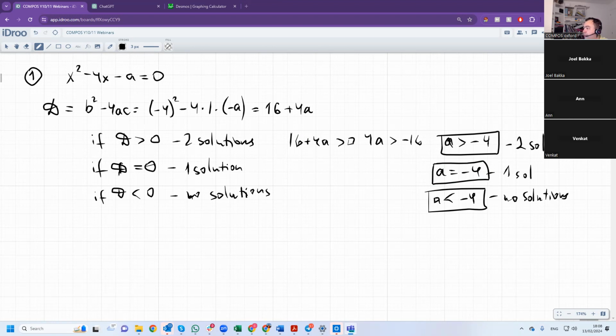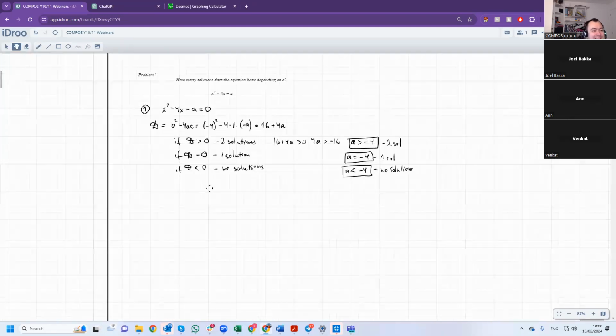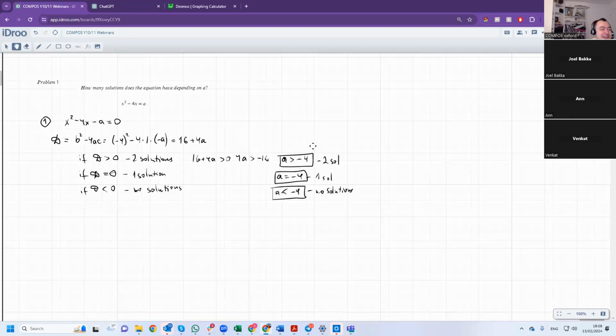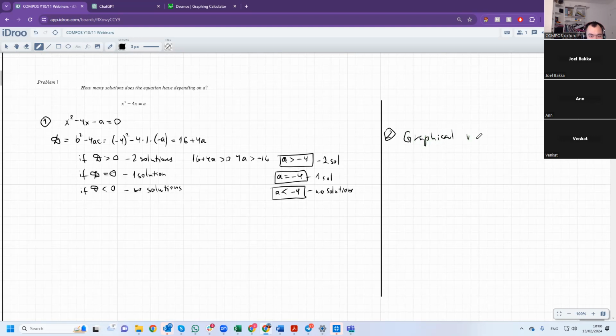Right, you should be able to hear me still. Sorry. A different method, you can do the same problem if you say, okay, second is the graphical method. And so here what you do is you draw two graphs.